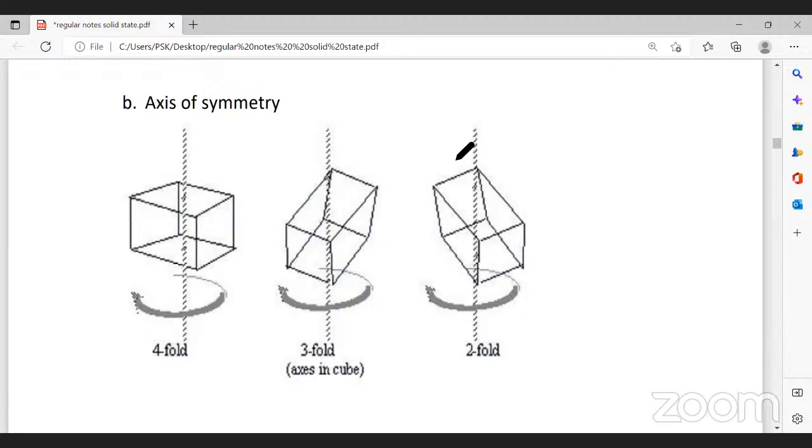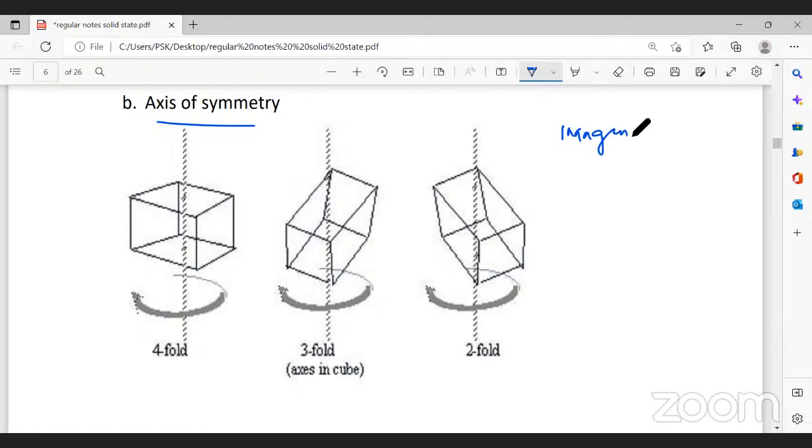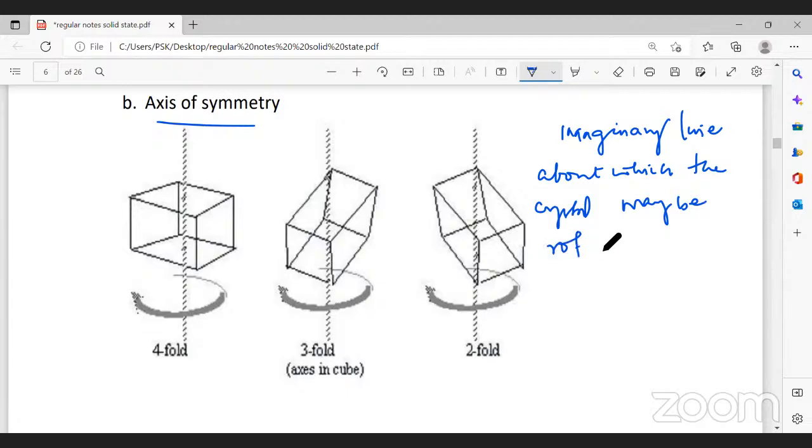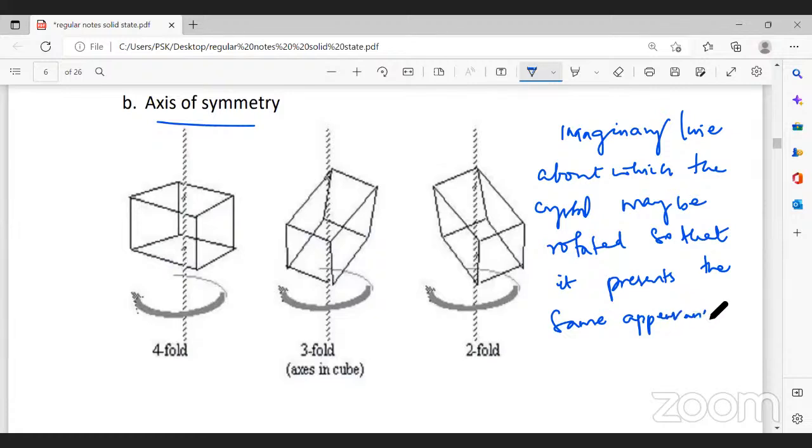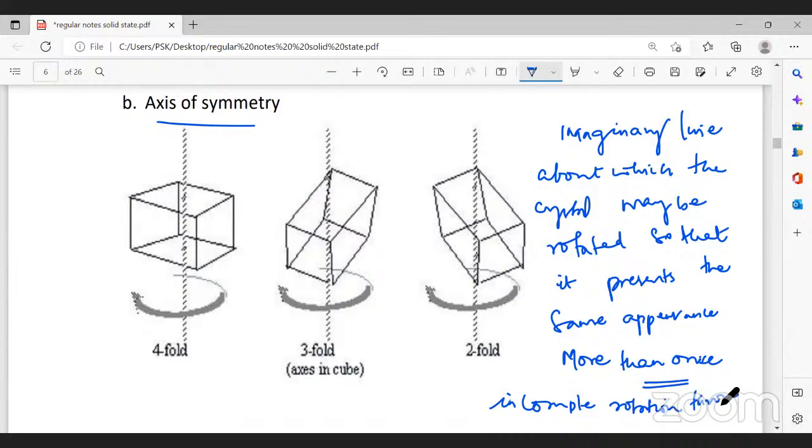Now, what is this axis of symmetry? This axis of symmetry can be defined as an imaginary line about which the crystal may be rotated so that it presents the same appearance more than once in a complete rotation through 360 degrees.